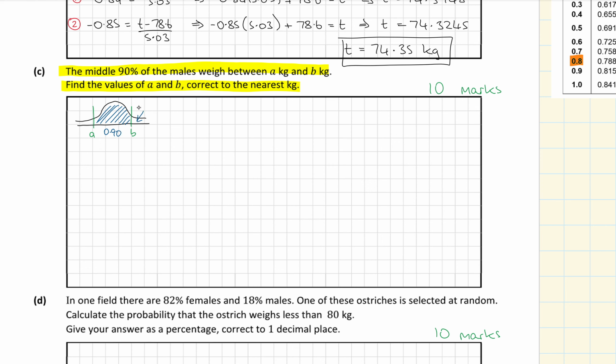So by symmetry then I have 0.05 left either side of the middle 90%. So what we'll do is, using symmetry, we'll figure out that we want the area greater than 0.95.